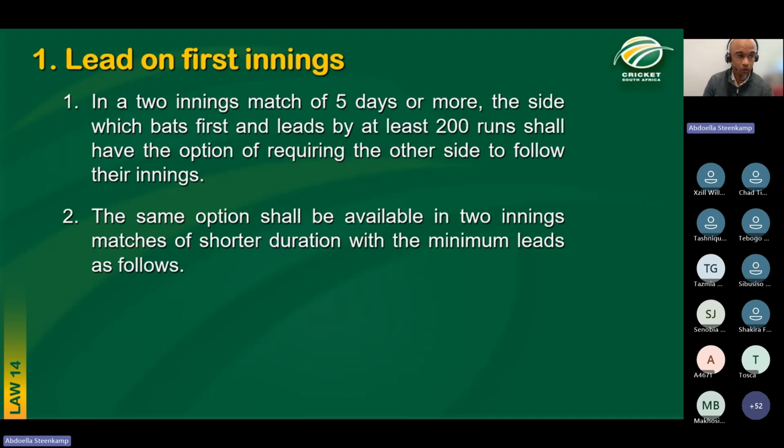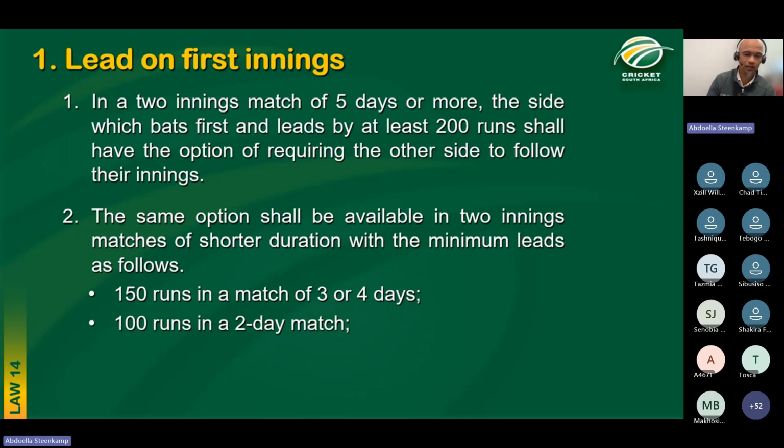So not all games are played over 5 days like Test match cricket. We know in South Africa, the Division 1 and Division 2 cricket get played over 4 days. And there the lead needs to be at least 150 runs if you want to ask the other side to follow on. So that's for a 3 and a 4-day game.